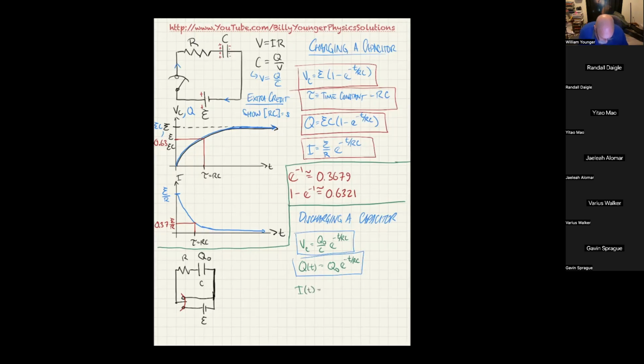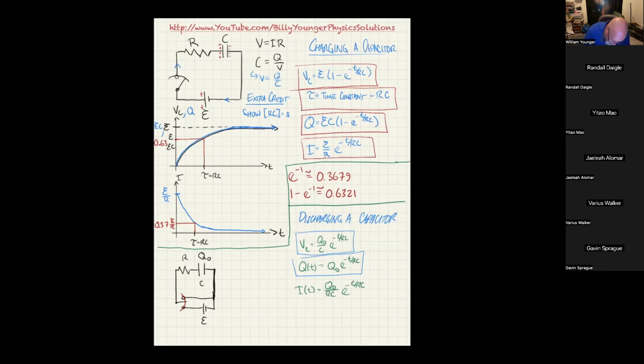I of T reaches its maximum when the entire voltage of the capacitor is across the resistor. The voltage across the capacitor is Q over C, and then I is equal to Q over RC. So it's going to be Q0 over RC times e to the negative t over RC.